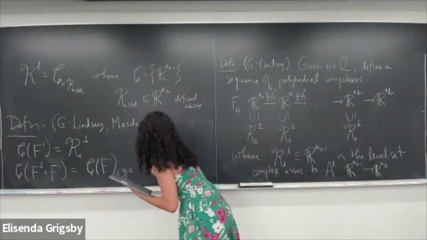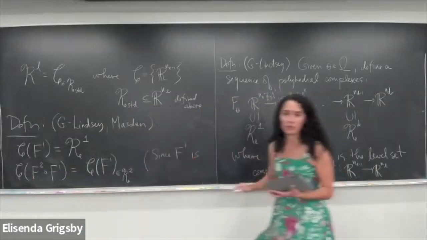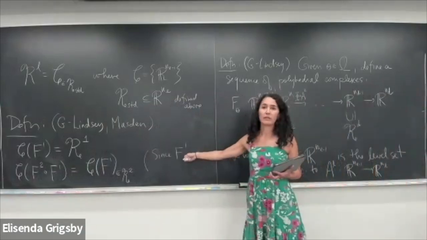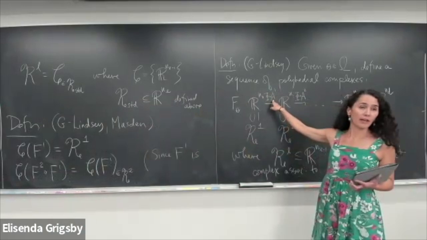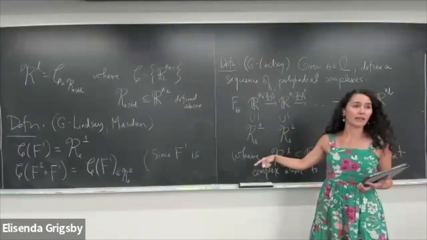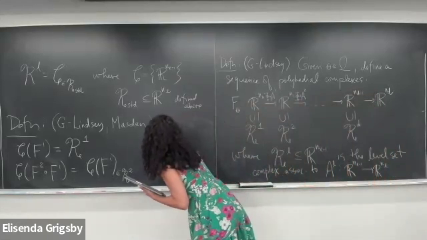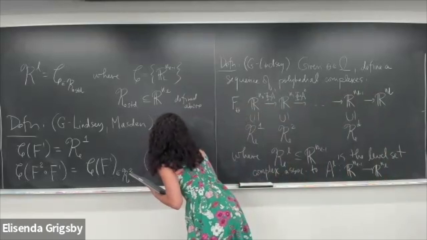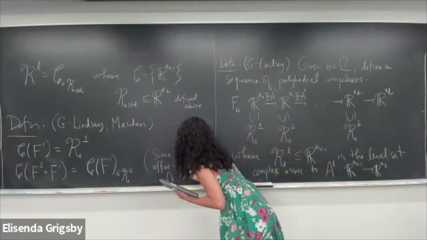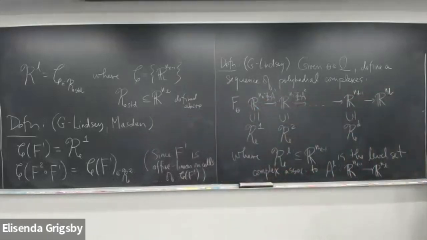And this is since F1, and this is something you should check, F1, which is the composition of your affine linear map with the component-wise ReLU, is actually affine linear on cells. And you just keep doing that.